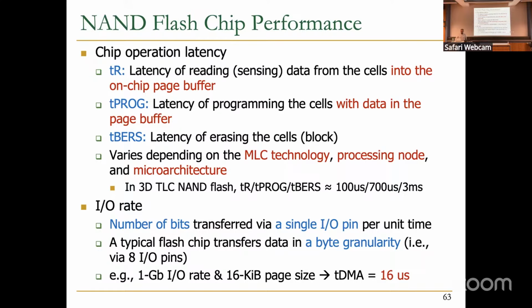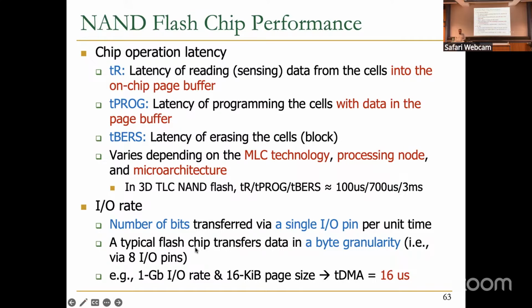Another important performance metric for a flash chip is IO rate, the number of bits transferred via a single IO pin per unit time. Flash chips have only 8 IO pins, at least nowadays. So a typical flash chip transfers data at byte granularity, because you have 8 pins, so you transfer byte by byte.